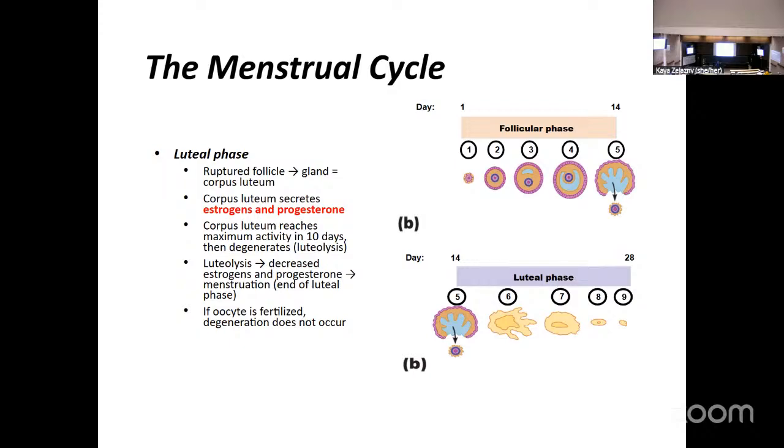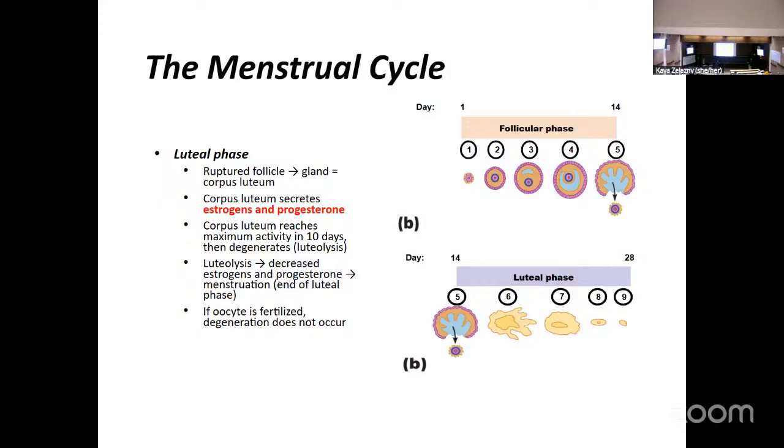So that ruptured follicle in the second half of the menstrual cycle, in the luteal phase, is going to turn into a gland. So it's going to change what it's doing. That gland is called the corpus luteum. Okay. So that's what this thing is in yellow. I think luteal actually might mean yellow, but I'd have to look that up for you.